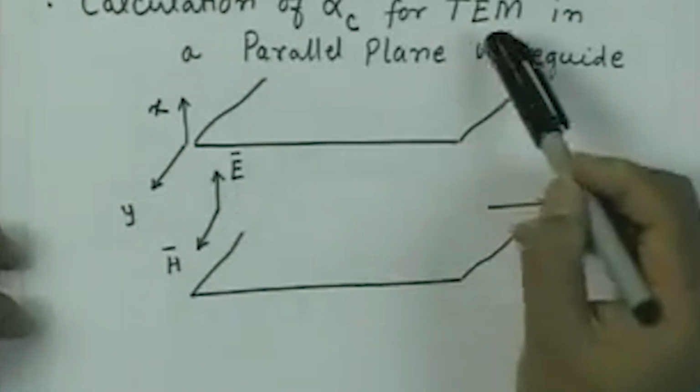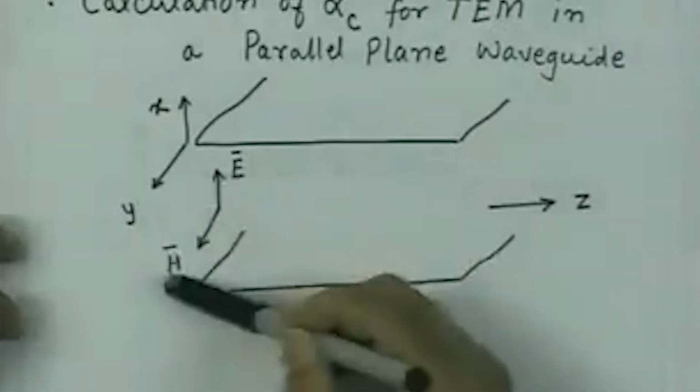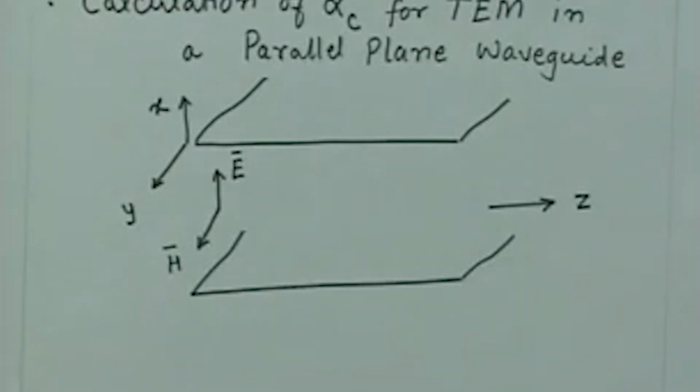And we have also seen for this mode, the ratio of the electric and magnetic fields is equal to the intrinsic impedance of the medium filling the waveguide. So we have a relation between E and H that is equal to eta.